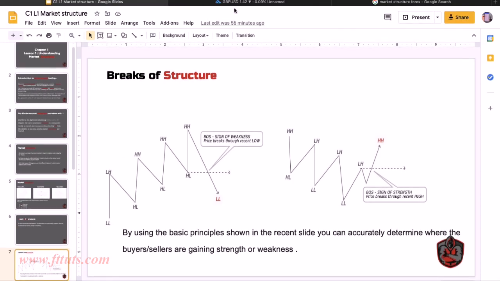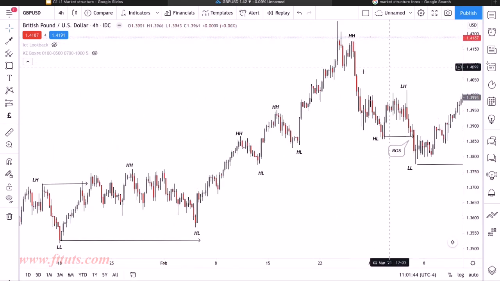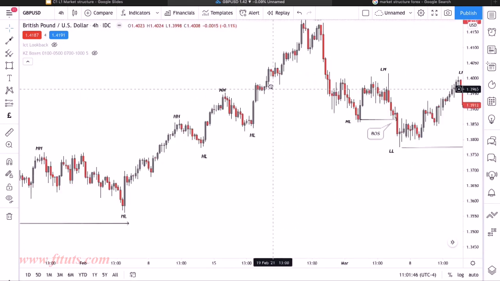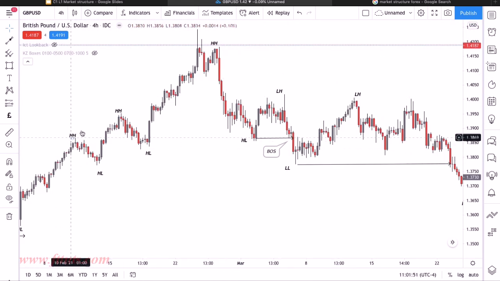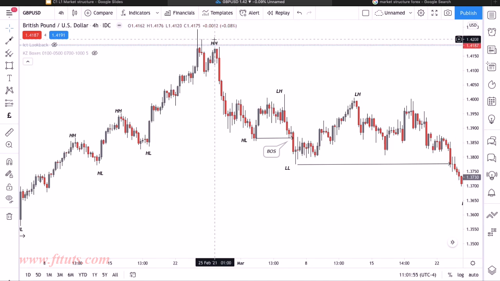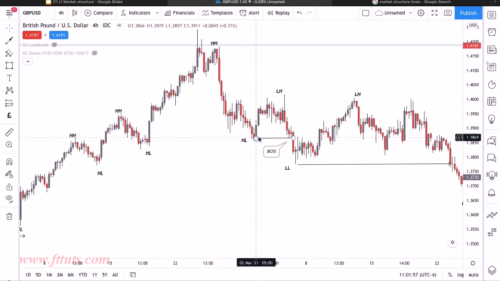So now if I go on GU again and show you an example of this taking place. As we identified earlier, we noticed that price over here was in an uptrend, right? Creating higher highs, higher lows. But notice this, once we create that higher high, price pulled back and created a higher low, right? Because it failed to close below this higher low. But then once it started to move upwards, it then failed to close above this higher high, which then creates a lower high.